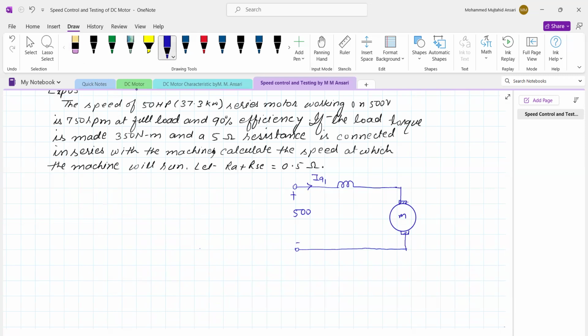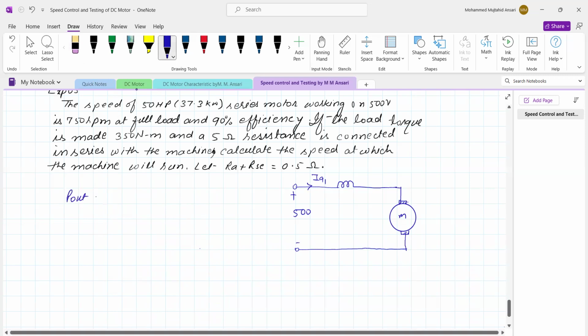So power output at rated condition, P out, is equal to 37.3 kilowatt, which is 37.3 into 10 raised to 3 watt. Now if we know the output, we can calculate the torque.